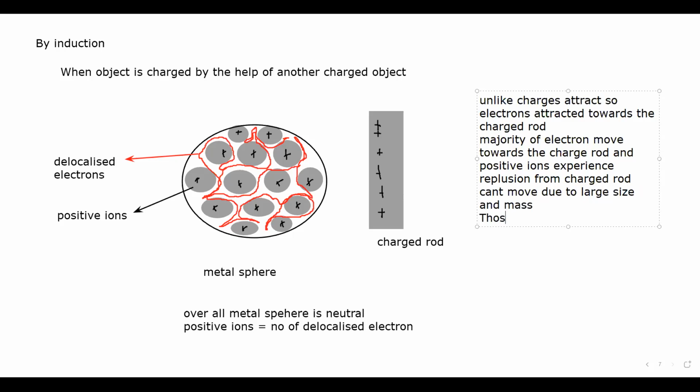And this will create a distribution of charges. So basically what happened in the beginning, when the charged rod was not there, electrons were moving randomly. But as we bring the charged rod, electrons are actually moving towards one side.